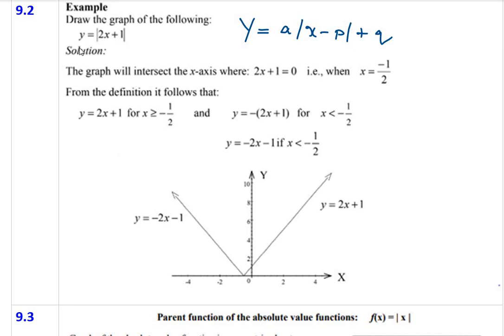So if we have this example, then surely that is a 0 there. Therefore, our salient point is actually going to be -1/2 and 0. And that's what you see down here, -1/2 and 0.